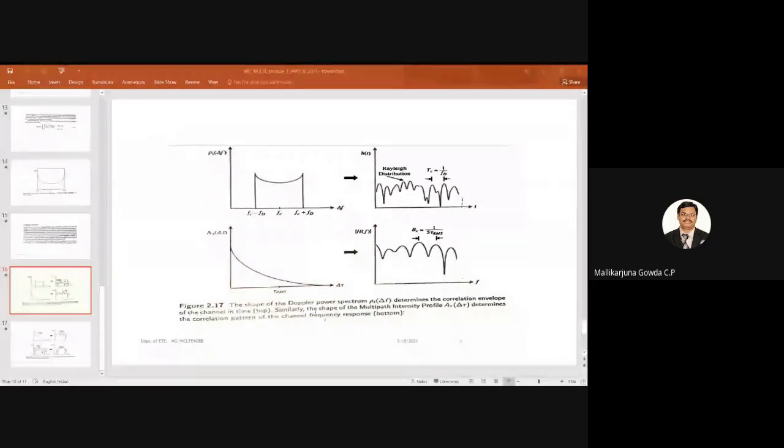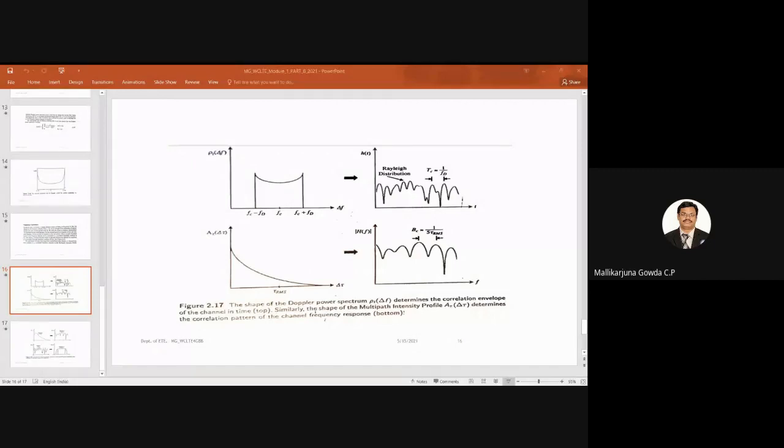Not only at FC, I will be receiving signal in a range from FC minus FD to FC plus FD. This is the Doppler power spectrum, which determines the correlation envelope of the channel. This is in the frequency domain.